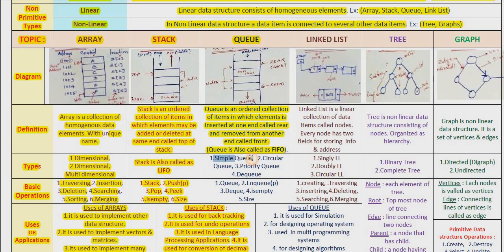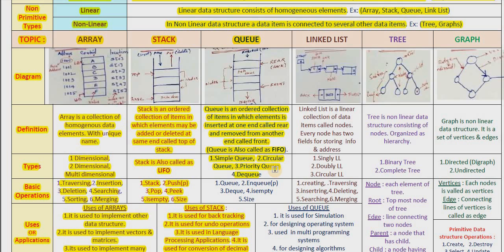There are 4 types of queue: simple queue, circular queue, priority queue, and DQ. Simple queue is nothing but a normal queue. Simple queue is a type of queue where the data is inserted from one end and removed from another end. Next, circular queue.